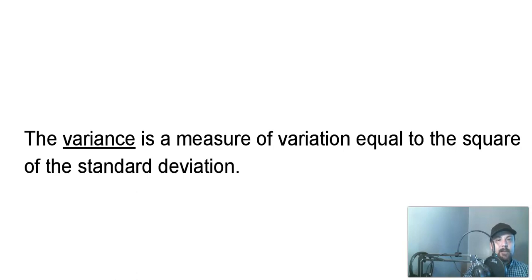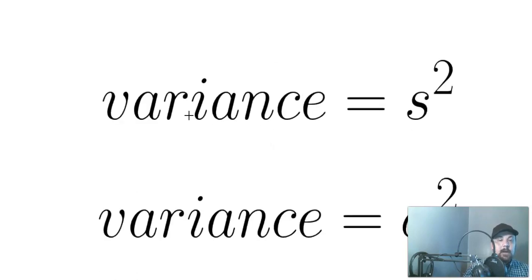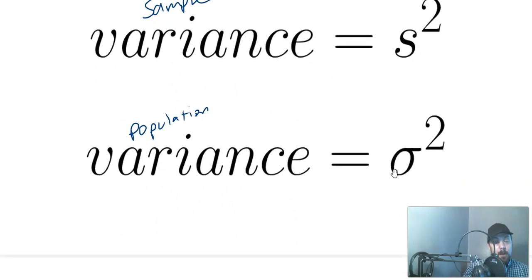I was going to write it on the screen, but I think I have it right here. So this is the sample variance, right? We have to make a distinction here versus the population variance. I just didn't want to type it out in this funny math font. So sample variance is the sample standard deviation squared. The population variance is the population standard deviation squared. And like I said, with everything that we're doing with samples, we hope that they are estimating the population version of those numbers.